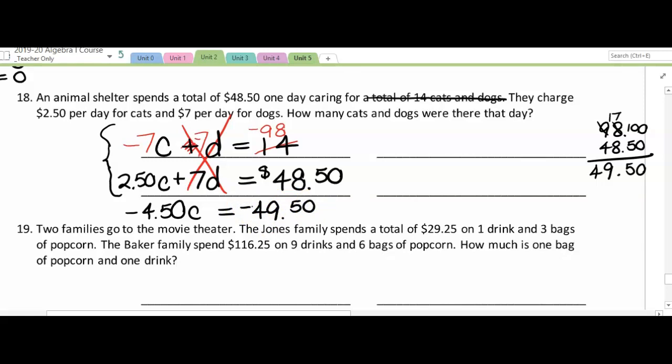And then finally, when I divide 49.50 by 4.50, I get 11. There were 11 cats. Now, if there were a total of 14 animals, that means 3 of them were dogs.